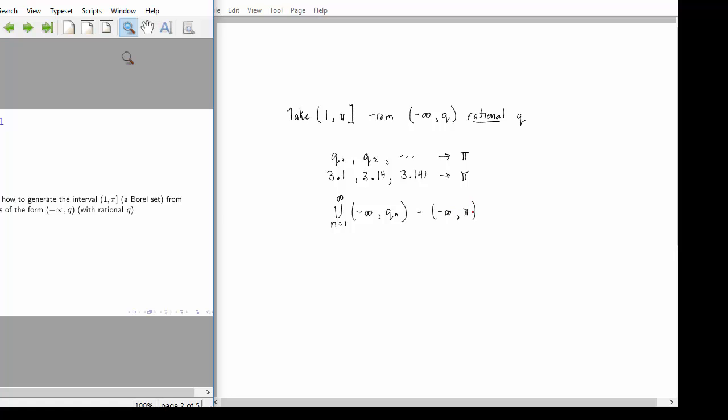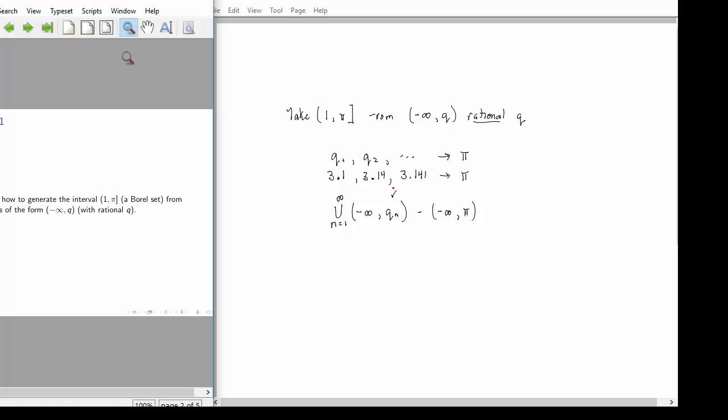Why? Well, it doesn't include pi because pi is not in any of the intervals on the left-hand side, but if x is less than pi, then the value x is going to be contained in one of the intervals on this side.